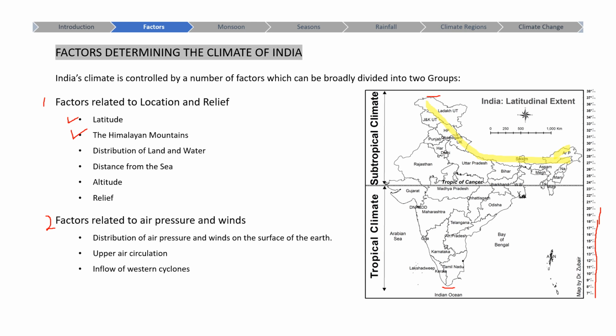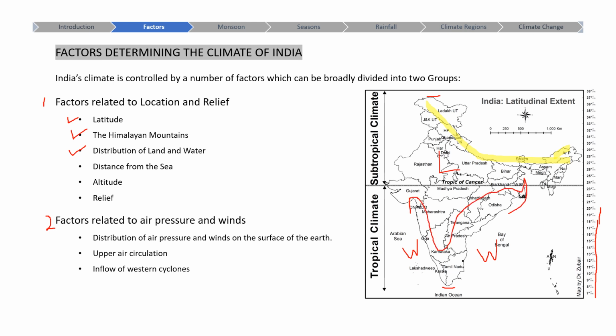Distribution of land and water. Okay, this is the water here, this is the water here, and this is the land area. So this distribution also affects the climate of India. The distance from the sea, these areas are closer to the sea here.